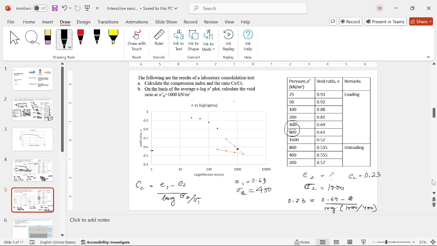So let's calculate. This is on the loading line. 0.69 minus the void ratio equals 0.23 times log base 10 of 1000 over 400.